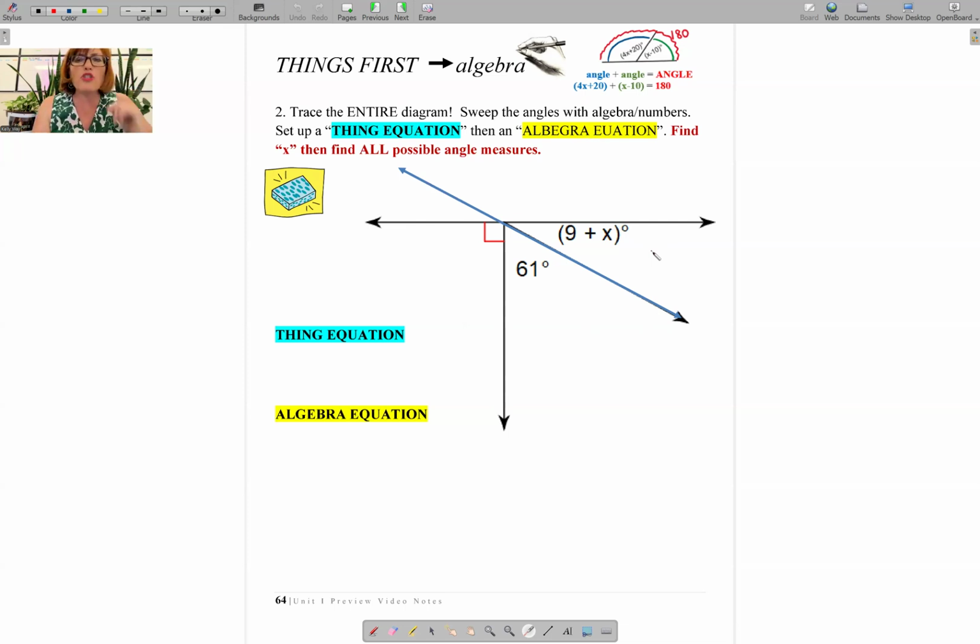Activating. We're going to sweep the angles with algebra and numbers. We set up a thing equation. Geometry is about things. Then we're going to do an algebra, find x, solve for all possible angles. Okay, ready? It's important that you just don't willy-nilly mash the algebra together. So we're going to physically sweep the angles.